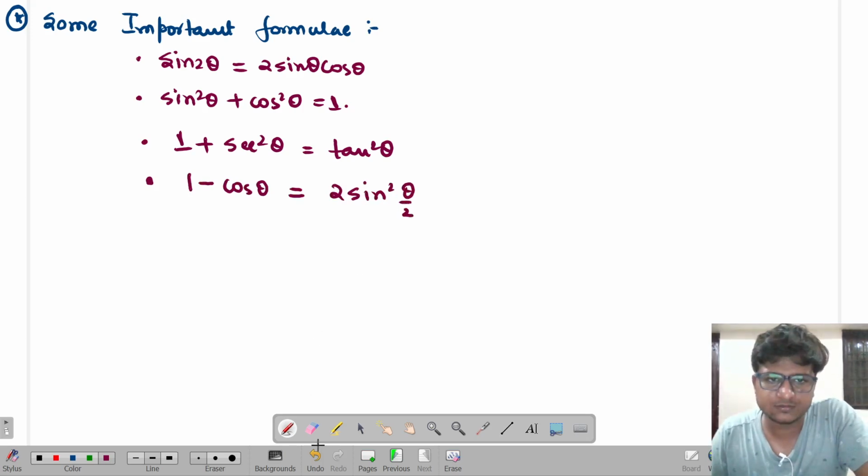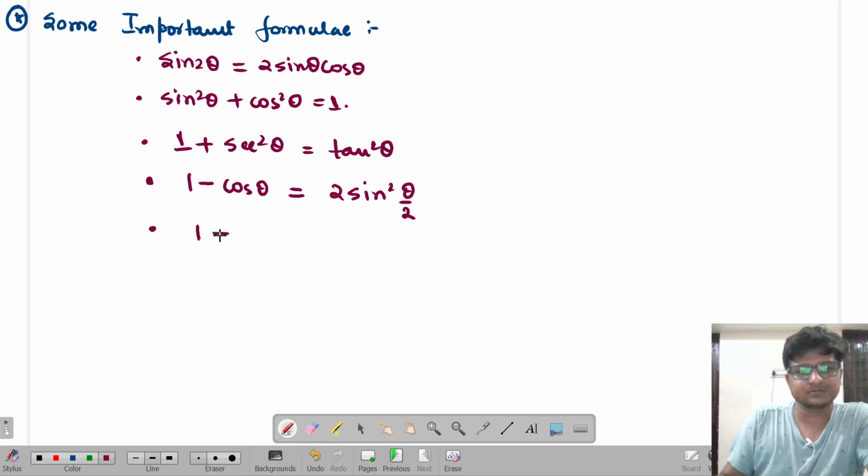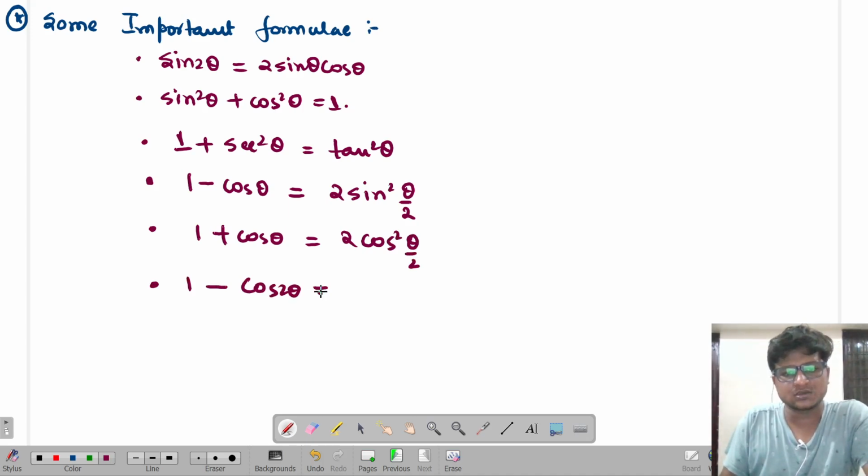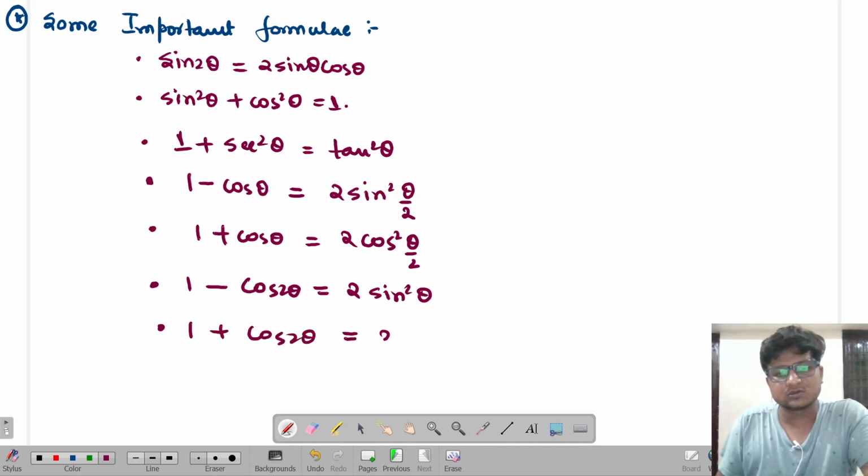Are you able to get me? 1 plus cos theta is 2 cos square theta by 2. 1 minus cos 2 theta is 2 sine square theta, and 1 plus cos 2 theta is 2 cos square theta.